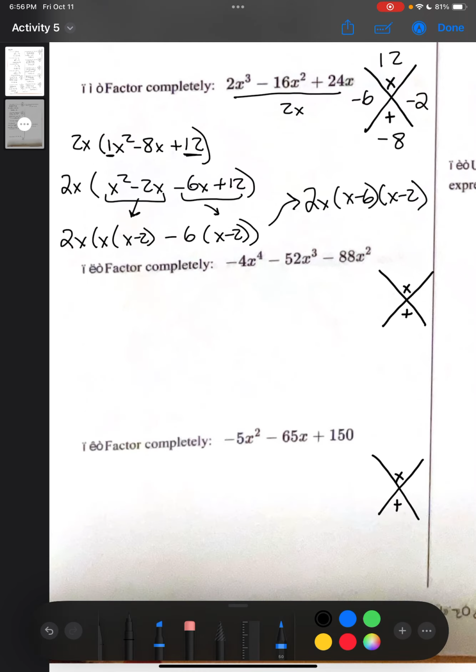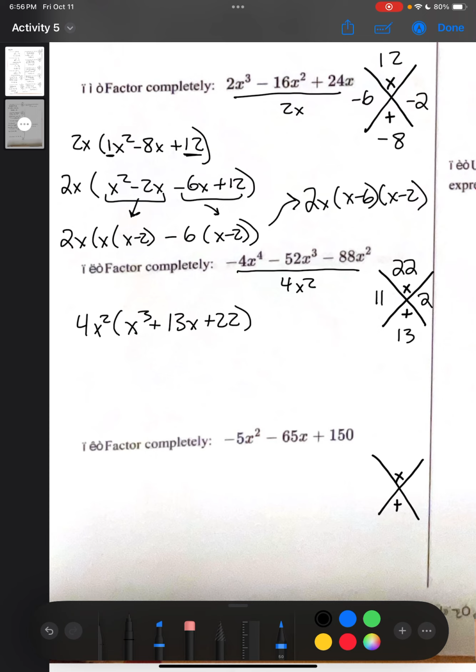Alright. Next one, we are going to pull out a 4x squared. So 4x squared, x cubed plus 13x plus 22. We are going to split up where it multiplies to 22 and adds to 13. 11 and 2 are what you should find here. And we're going to split that 13 into 4x squared times x squared plus 2x plus 11x plus 22.